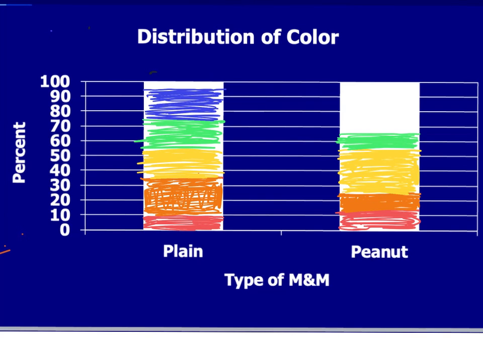And then we are adding 21% blue to 65, so that's 86. And then the last 14%-ish, remember we're off by a tad, is brown.